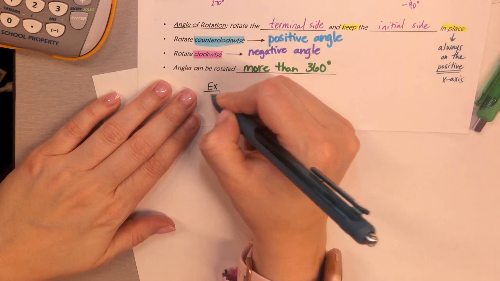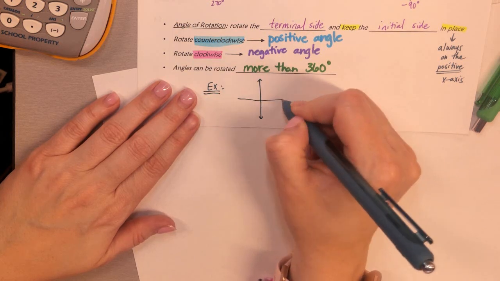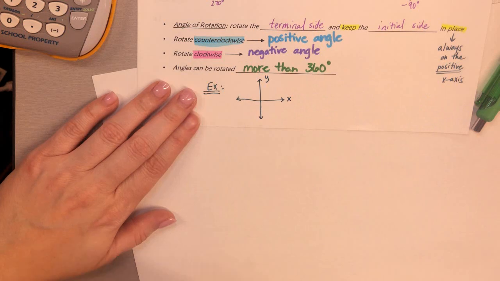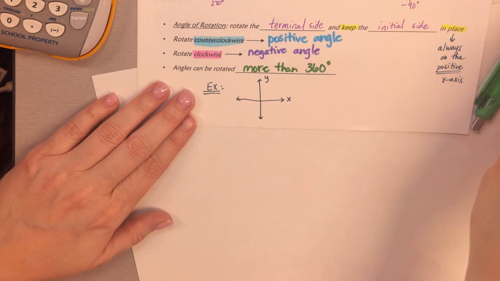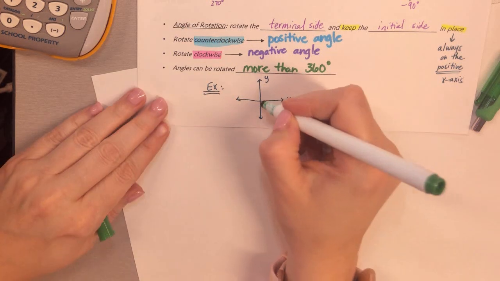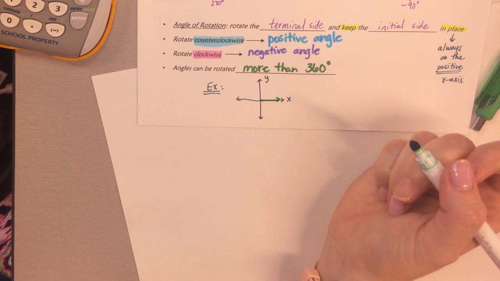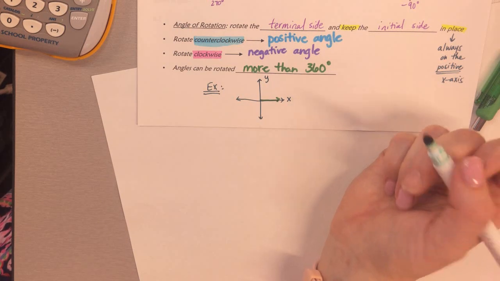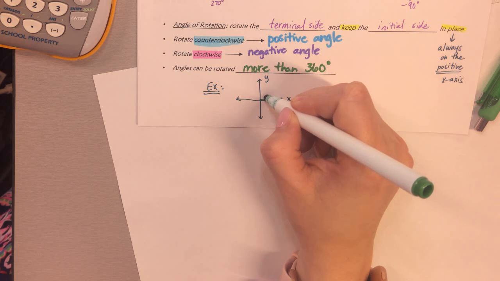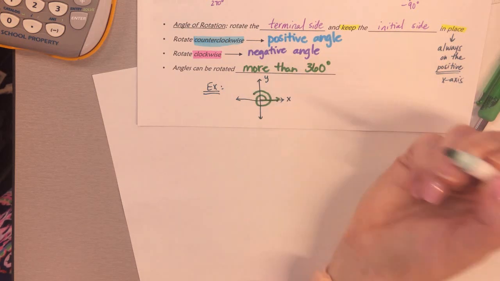Okay, so if you are rotating more than 360, you still start at the initial side, okay, and then when you do your theta, we're just going to go 1, we're going to stop there.